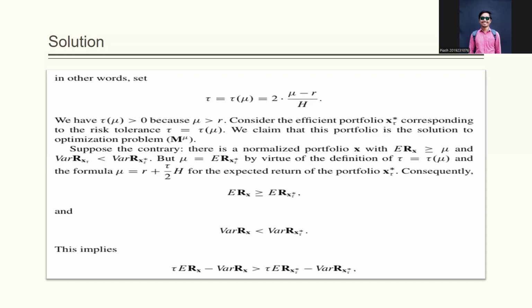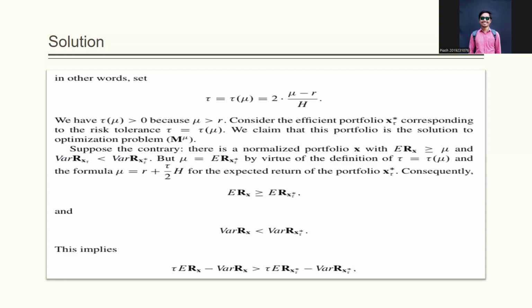Suppose the contrary: there is a normalized portfolio x with E R x greater than or equal to mu, and variance of Rx less than variance of R x star tau. But mu equals E R x star tau by virtue of the definition of tau equals tau mu and the formula mu equals r plus tau h divided by 2 for the expected return of the portfolio x star tau.